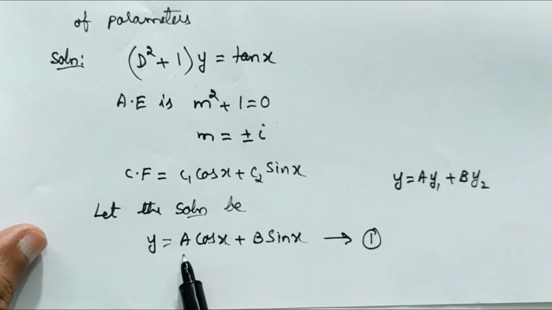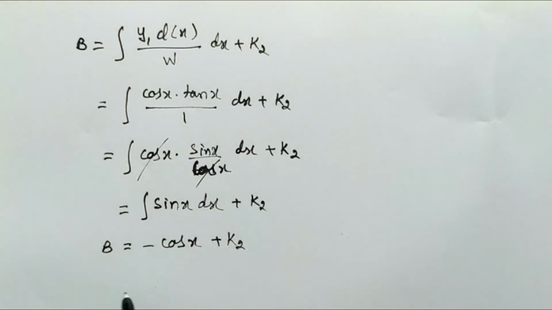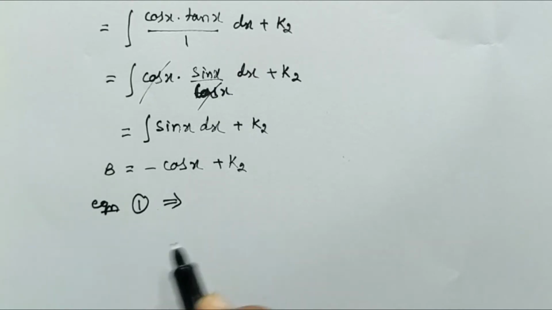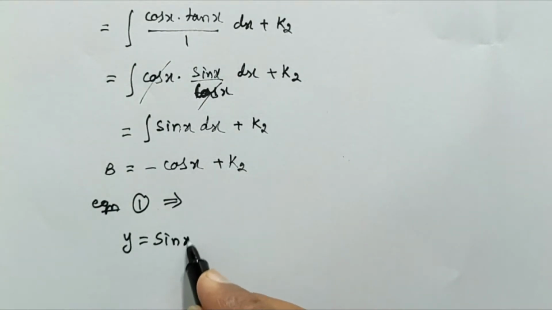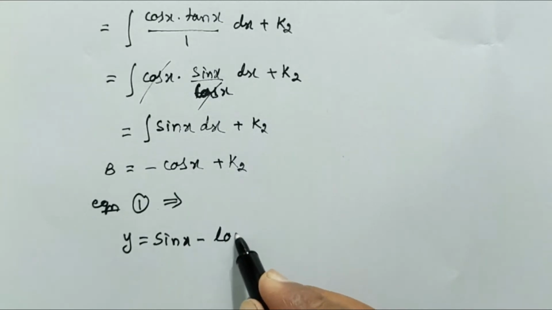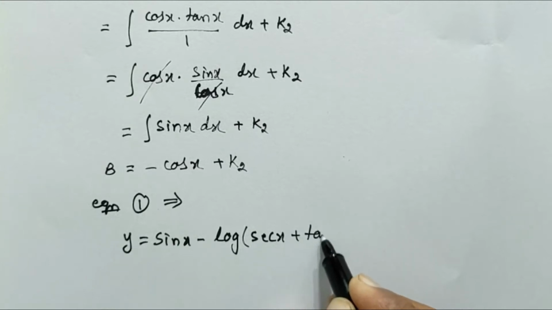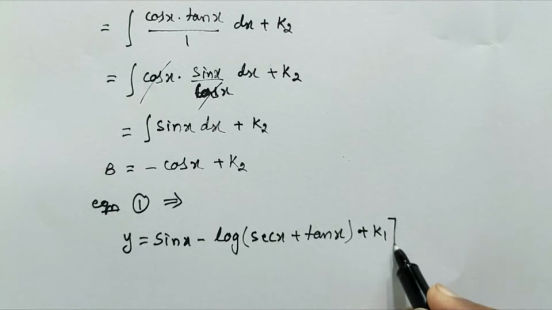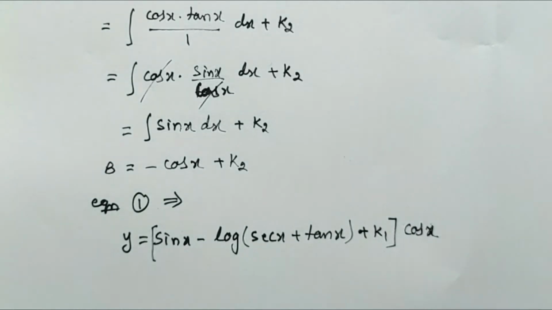So equation number 1 implies y is equal to, the value of a that we have got is sine of x minus log of secant x plus tan x plus k1, it is a times cos of x.